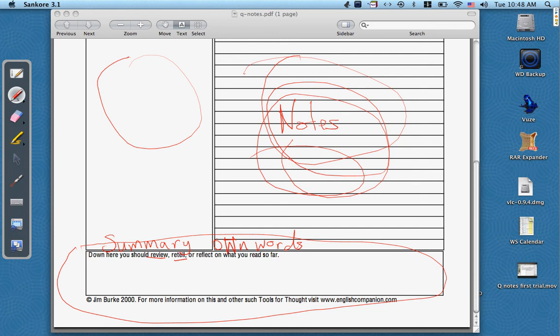Okay? Right? So, America, how about this as a summary? The main idea. America began as a colony, but gained independence from Britain because they were upset at taxes.